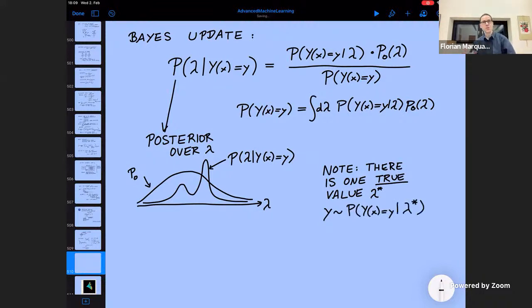And it remains so even when you do the next measurements in your sequence, because you always keep the same underlying physical system. In any case, once you have calculated your posterior after this first measurement, you can go to the next measurement, and the posterior that we had now becomes the prior for the next update.